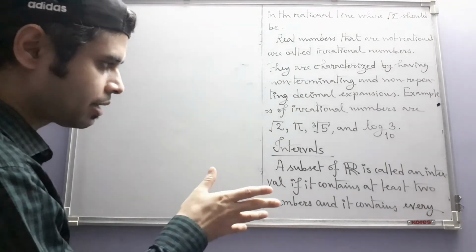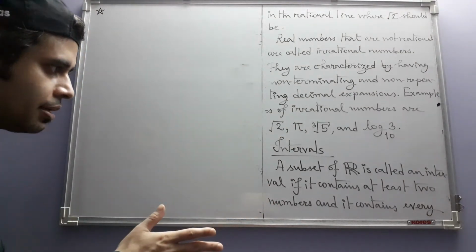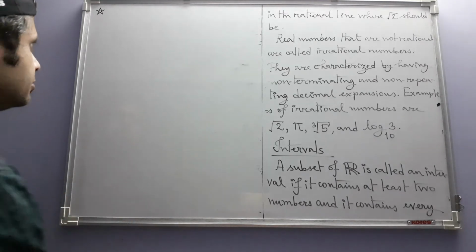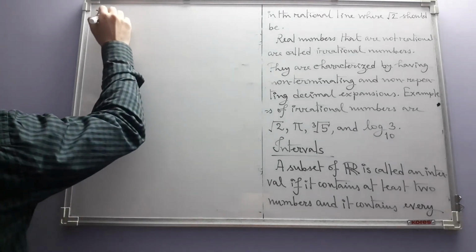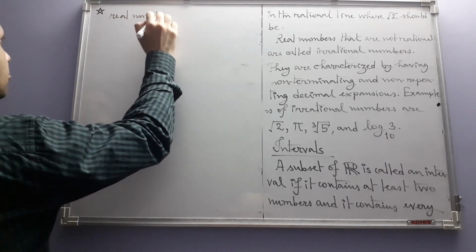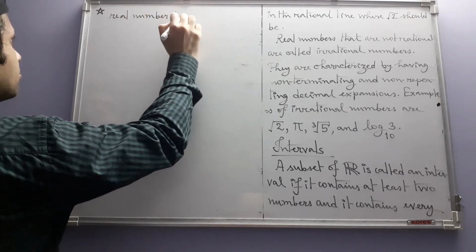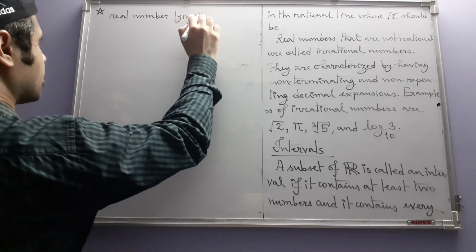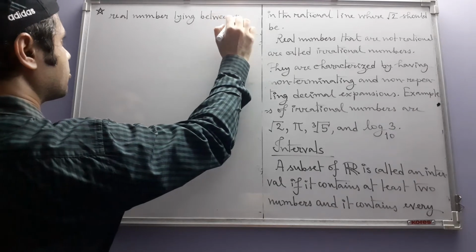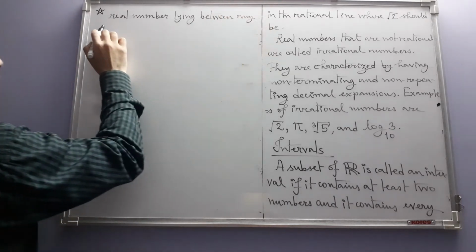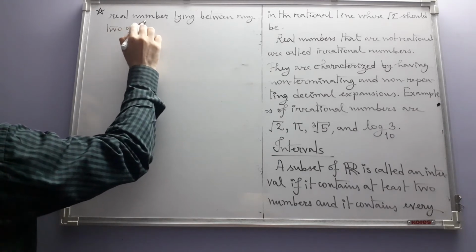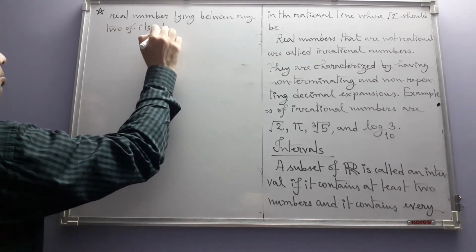A subset of R is called an interval if it contains at least two numbers and it contains every real number lying between any two of its elements.